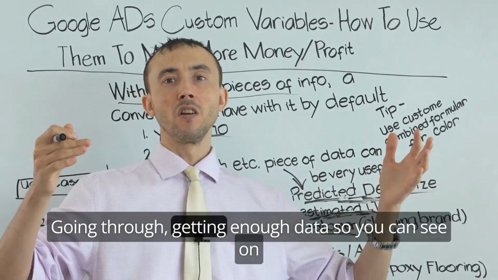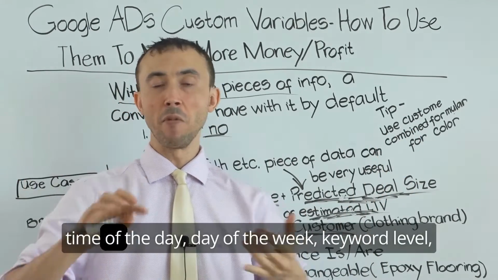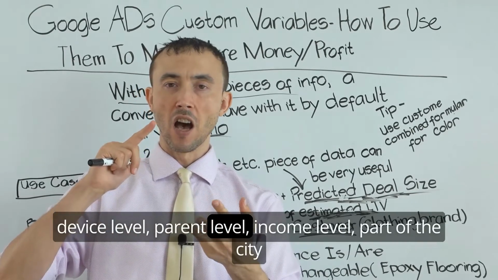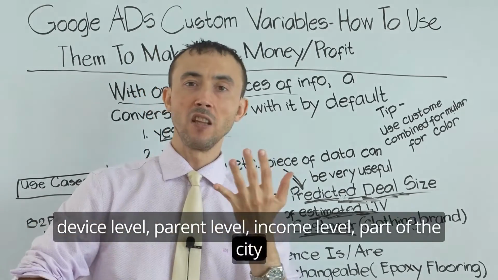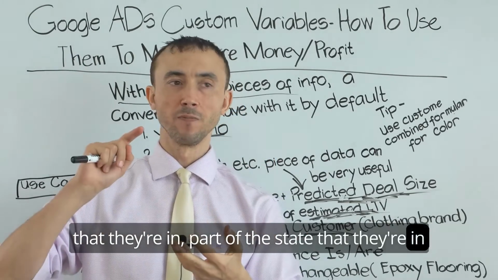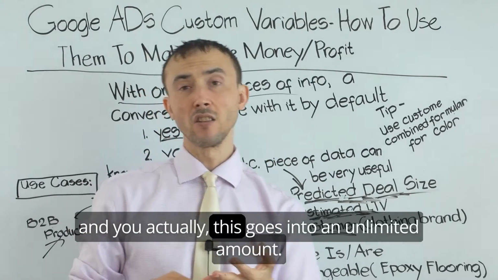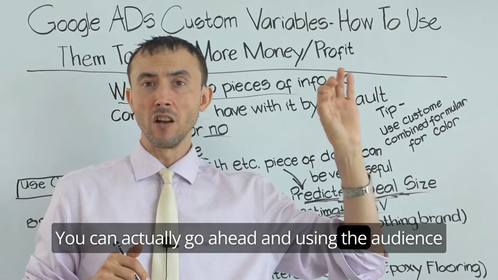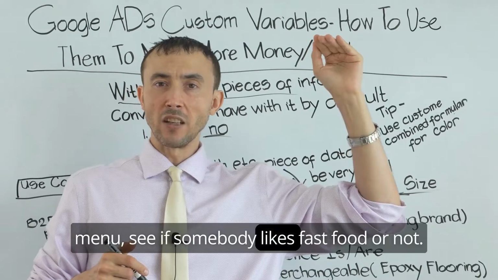Going through, getting enough data so you can see on time of the day, day of the week, keyword level, device level, parent level, income level, part of the city that they're in, part of the state that they're in. And it actually goes into an unlimited amount. You can actually go ahead and, using the audience menu, see if somebody likes fast food or not.